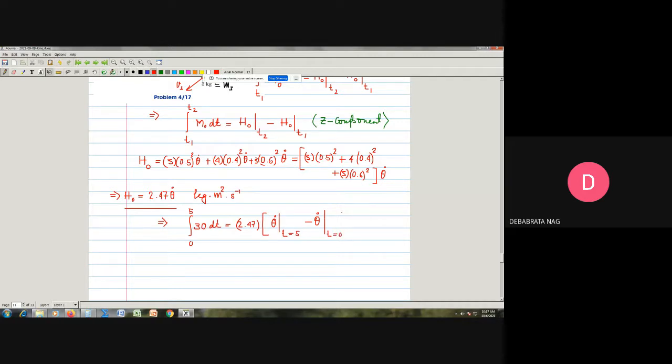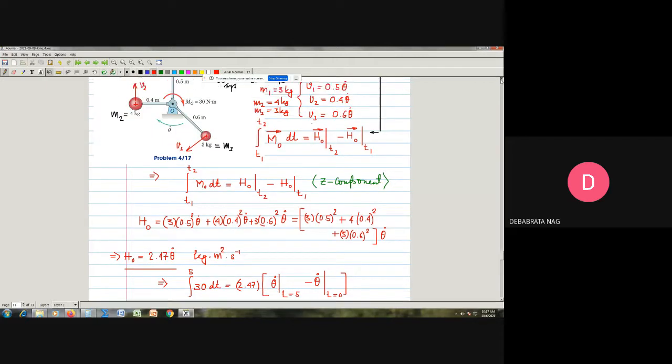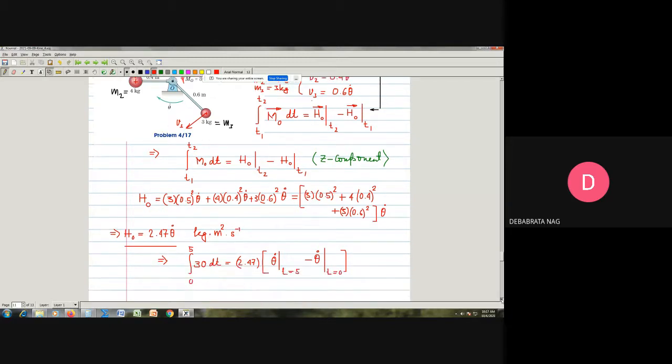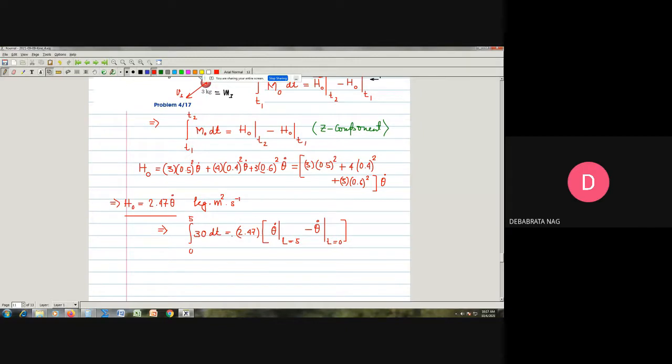And we need to remember one very important thing: we need to be careful about the sign of the whole thing. We note that here both the angular velocity and the angular momentum share the same sign, so we do not bother about it.